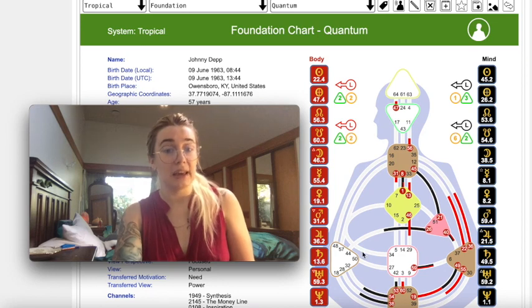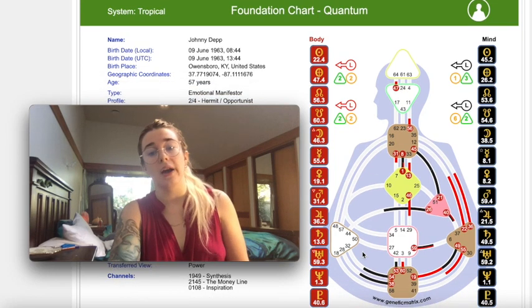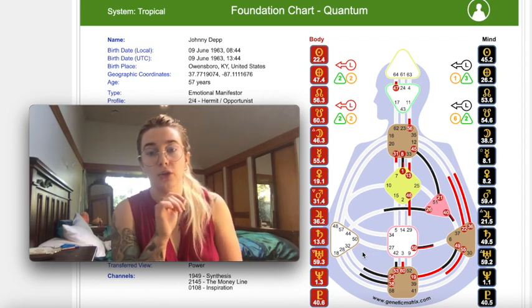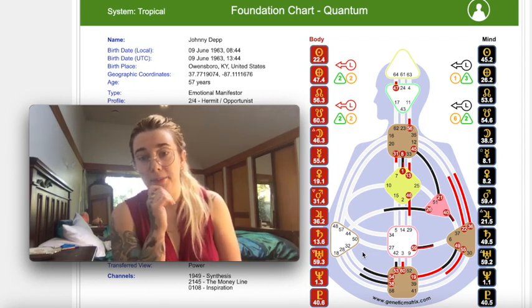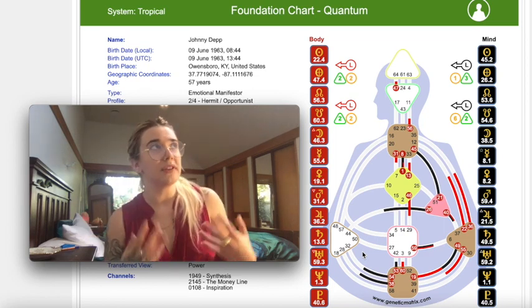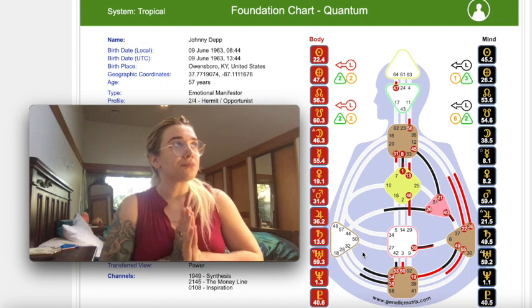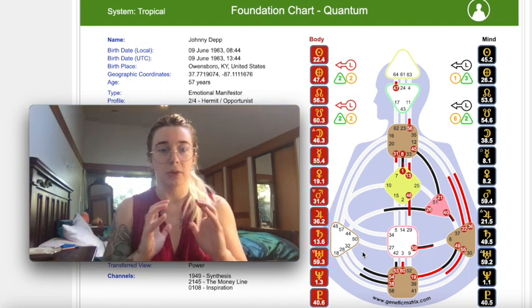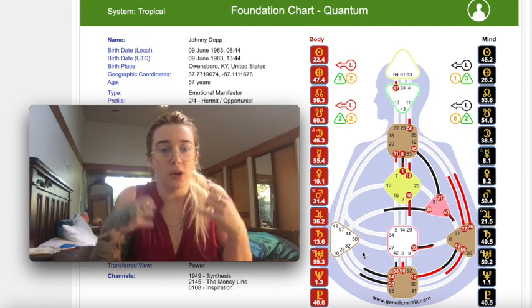And he, however, has a defined root. Now, his root goes to his emotional solar plexus. So what this means is the divine timing center, the root center, works in pulses.